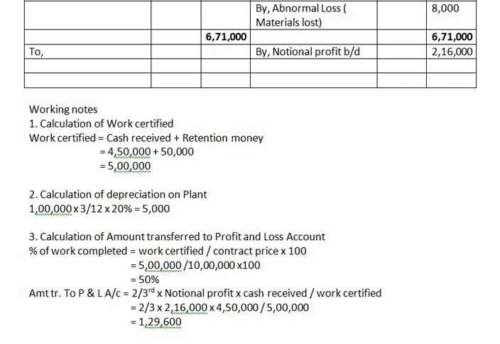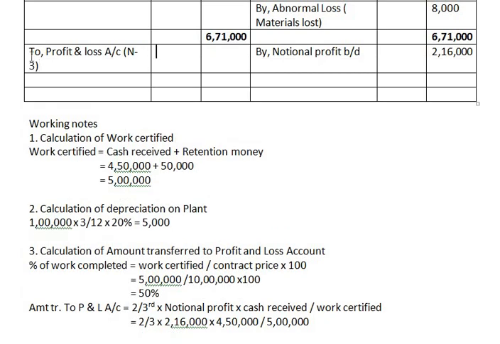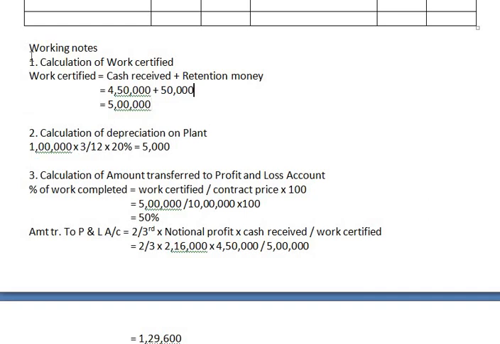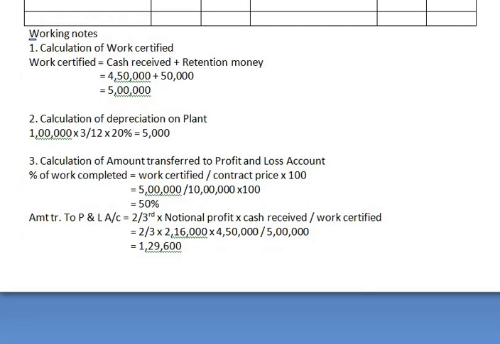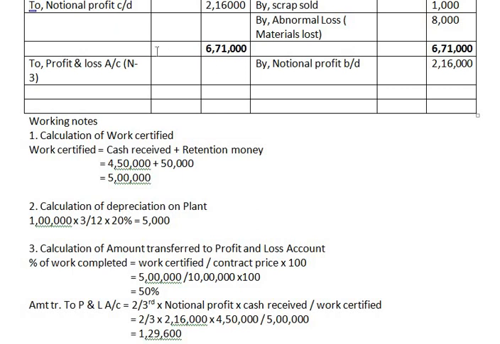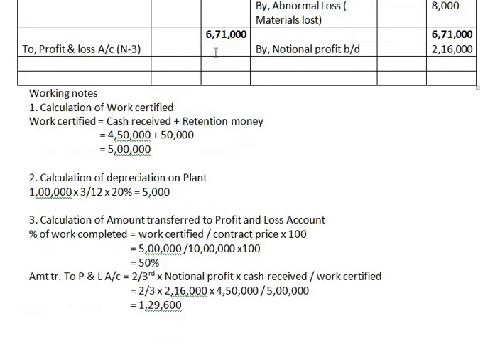So here, to profit and loss account, note 3, that is 1,29,600.